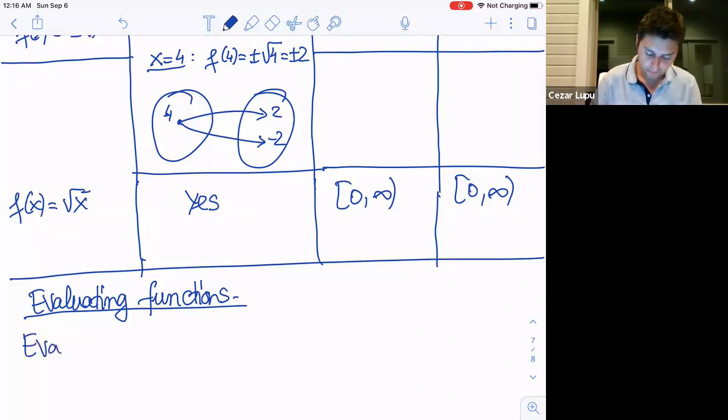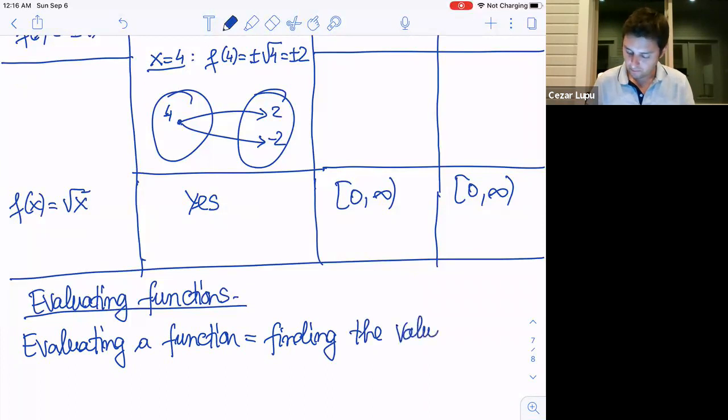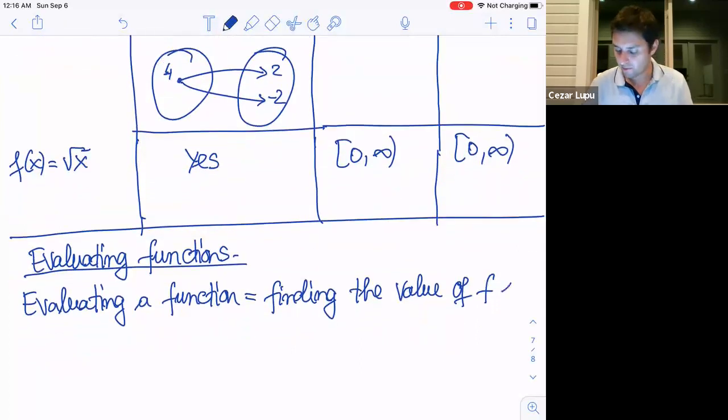Evaluating a function is nothing else than just finding the value of f for some particular value in the domain.